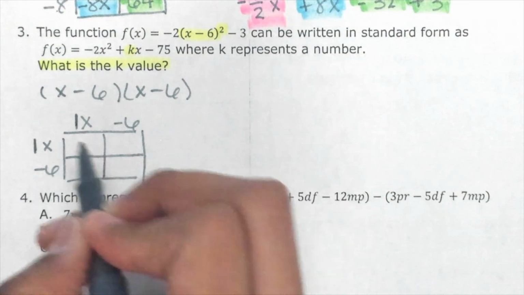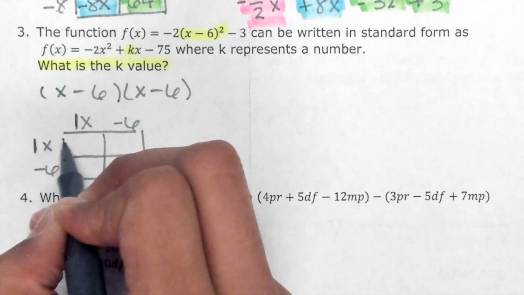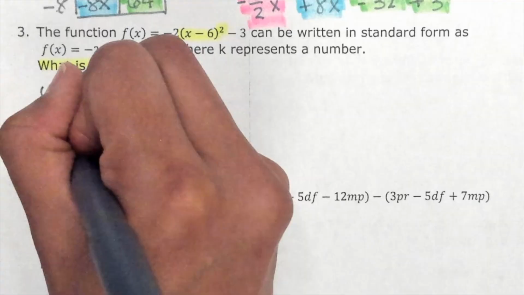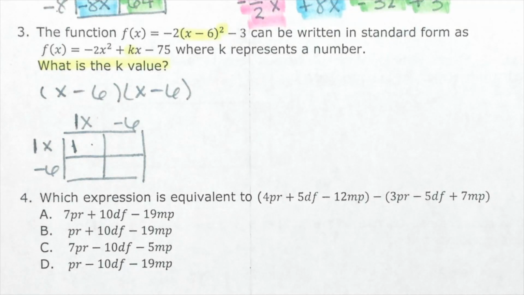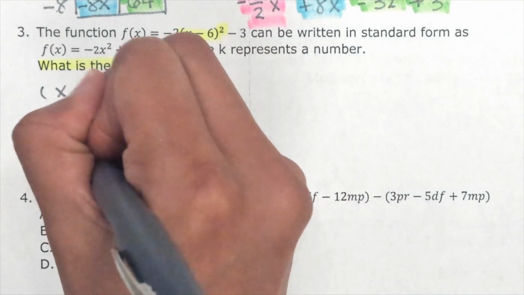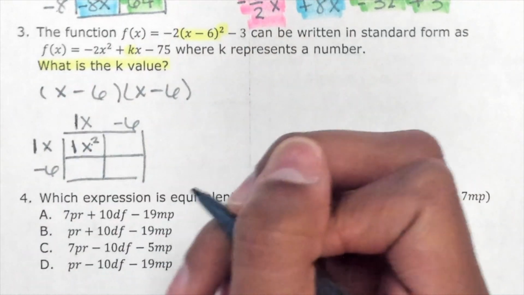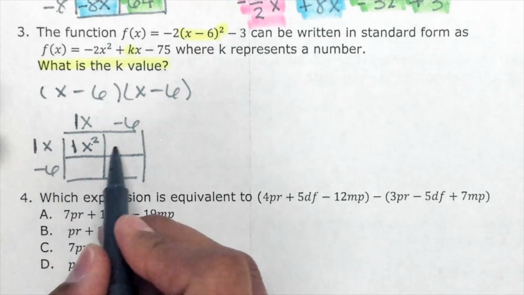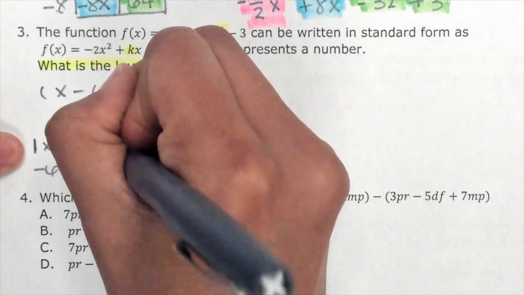Alright, now when we multiply, we're going to move in an L shape, so 1 times 1 is 1. x times x is x squared. And moving in an L shape, 1 times negative 6 is negative 6.